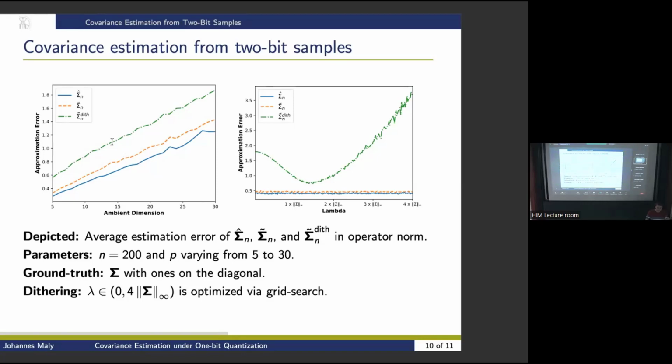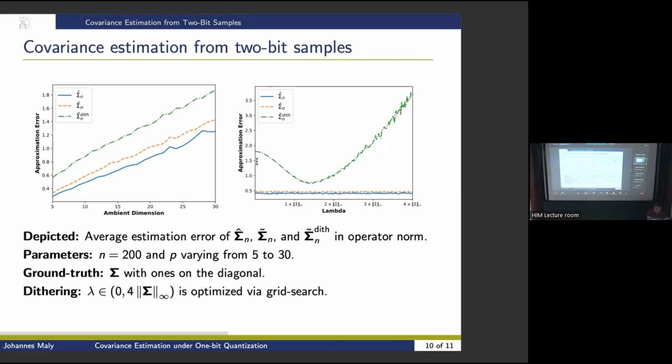One aspect here is it's hard to compare the 1-bit and 2-bit estimator directly in a fair way, because either the 1-bit estimator has an advantage because of the 1 diagonal, or the dithered estimator has an advantage because the 1-bit estimator cannot estimate a non-constant diagonal. But what you see is that both of them give reasonable results in the settings.